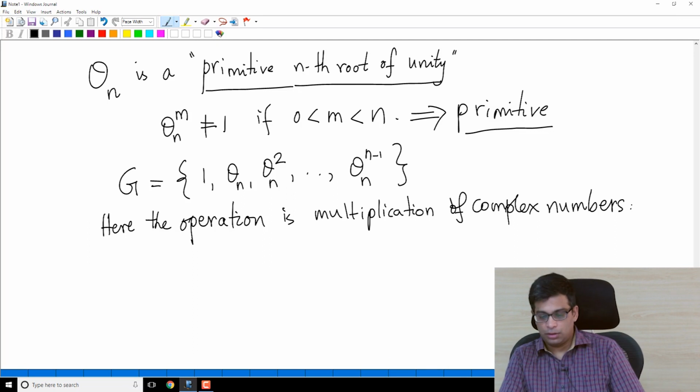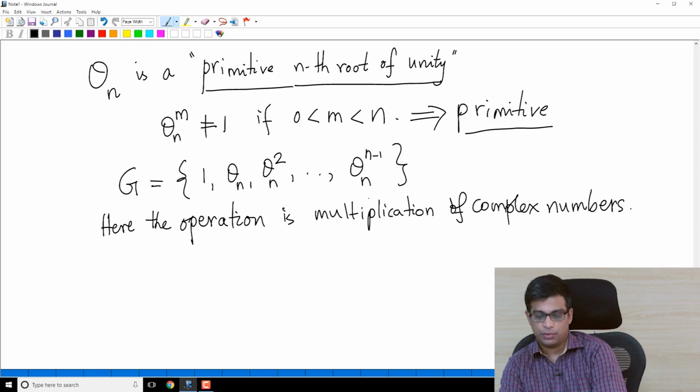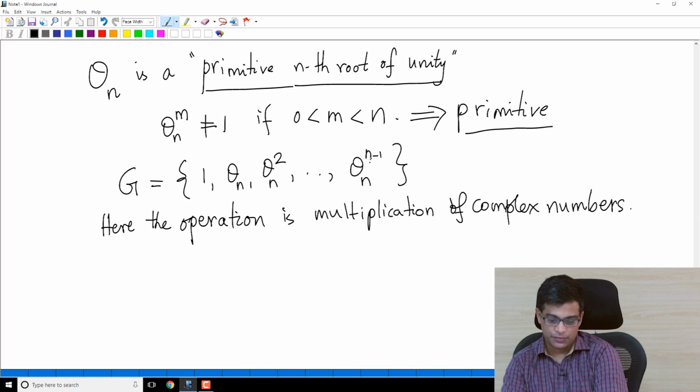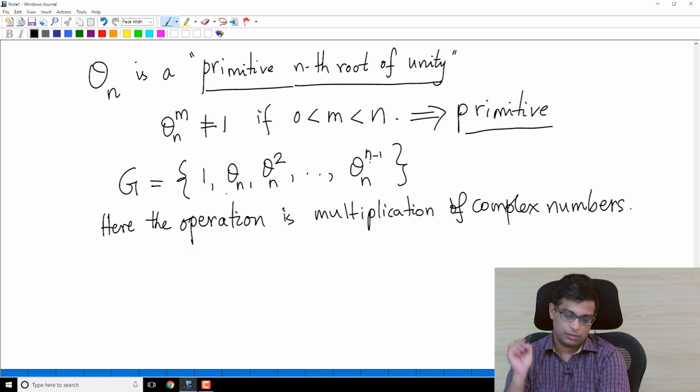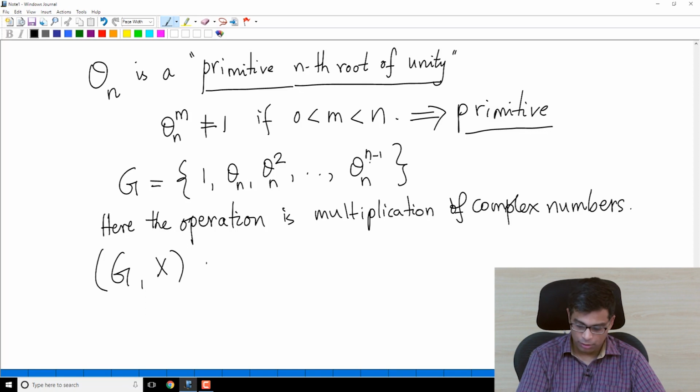When I write theta n squared, I mean theta n times theta n. Theta n power n minus 1 is theta n multiplied with itself n minus 1 times. And remember, when I do theta n power n, I get 1 back. So, this is what I get. I claim that this under multiplication is a group.